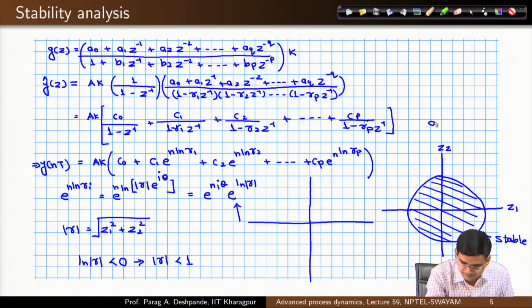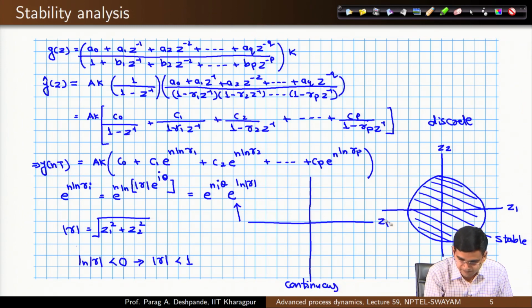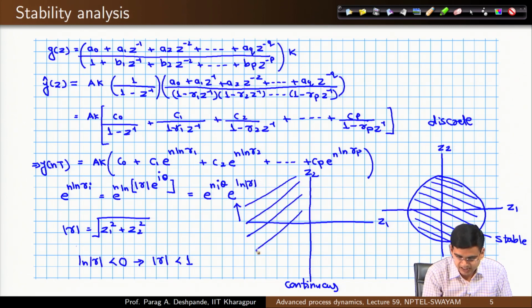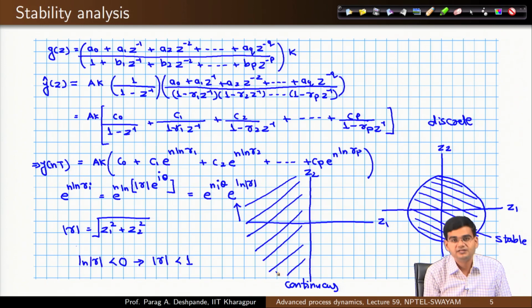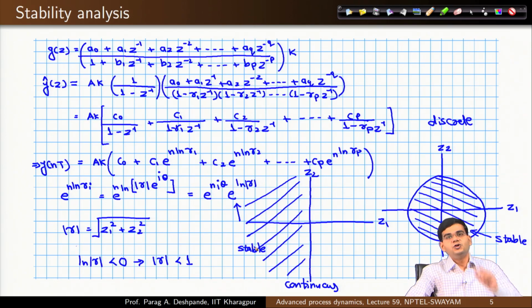So, this is for discrete, and what will be the corresponding plot for continuous? You have z 1, you have z 2, all of this has the real part which is less than 0. So, therefore, you have a system which is stable here. So, you can always draw the complex plane and locate the poles there.